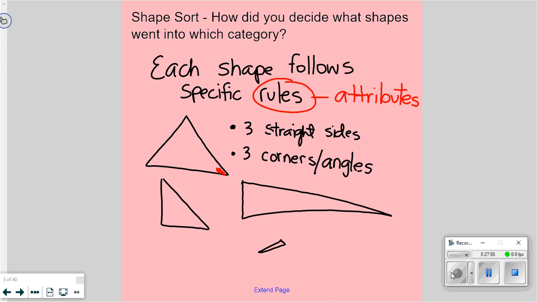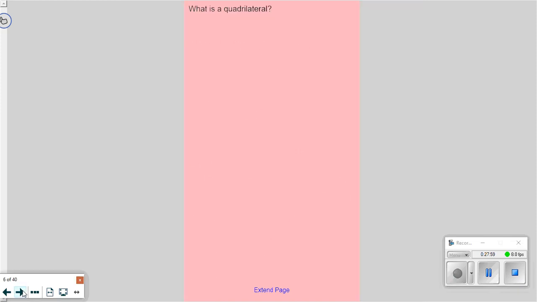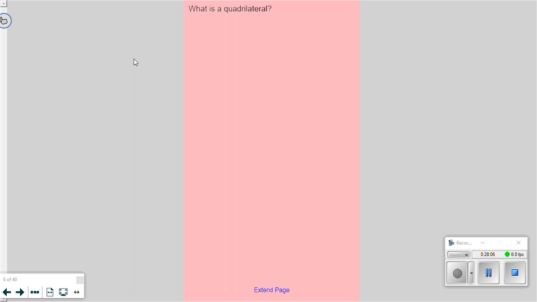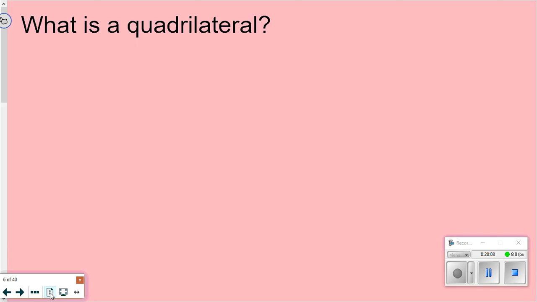Next blank page. Now put your notebook on your desk, please. What is a quadrilateral? That is your title on the next blank page.